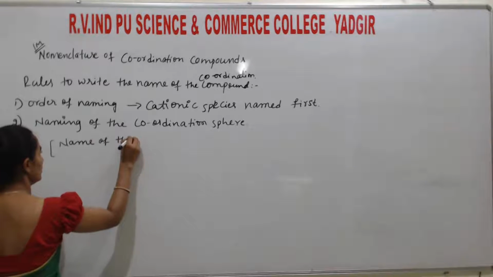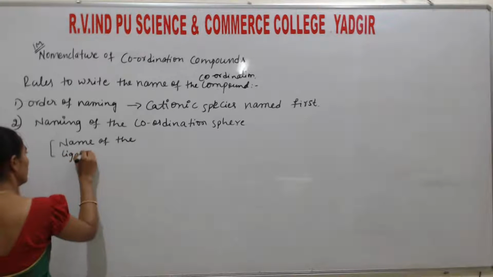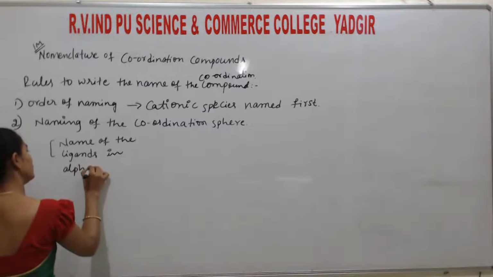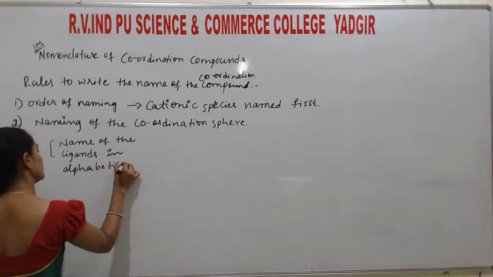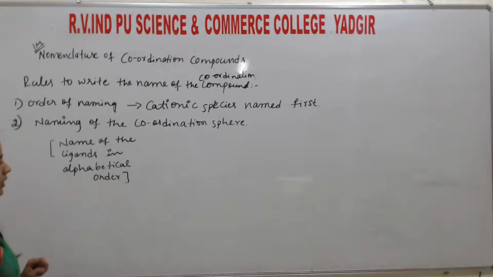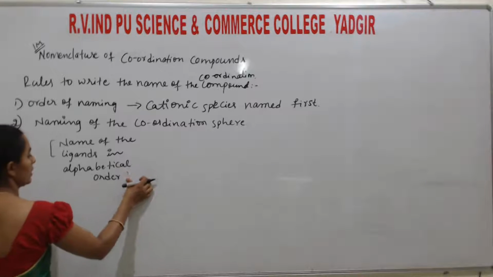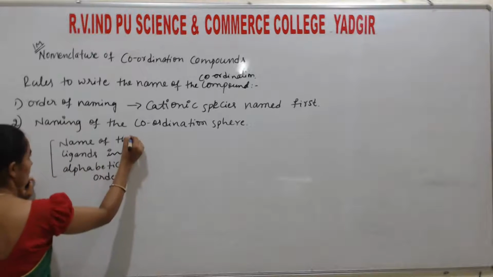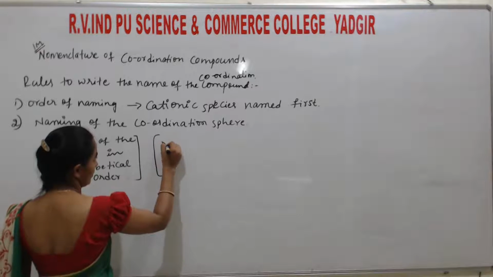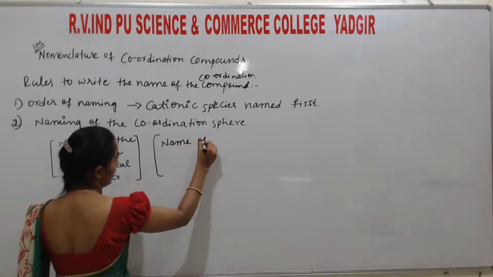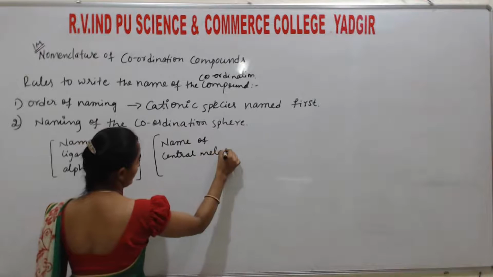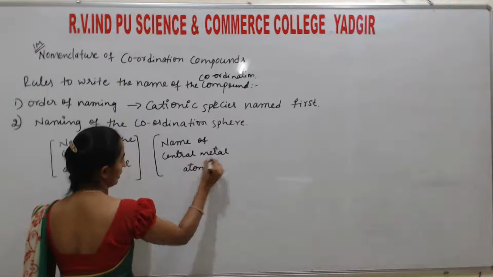Name of the ligands in alphabetical order. First one, name of the ligands in alphabetical order. Correct? Next, name of the central metal atom.